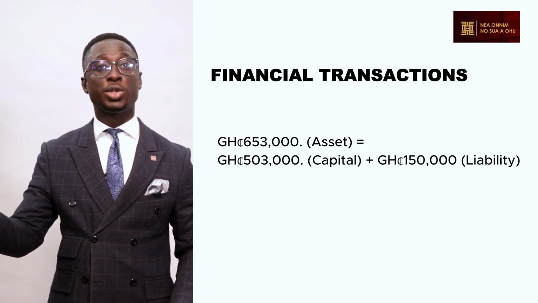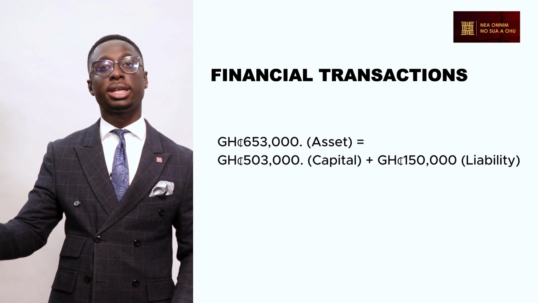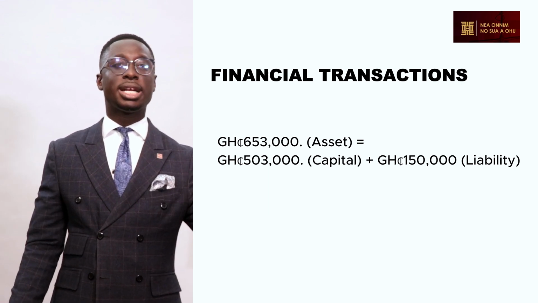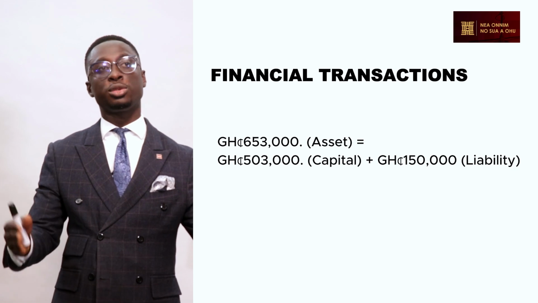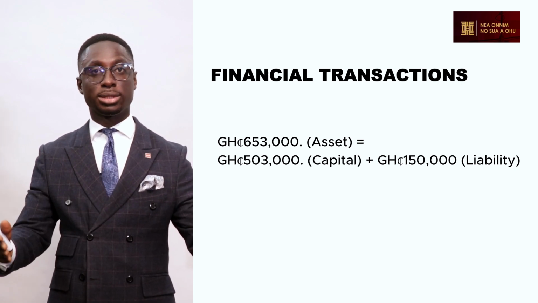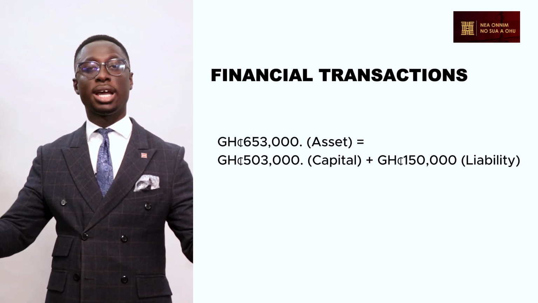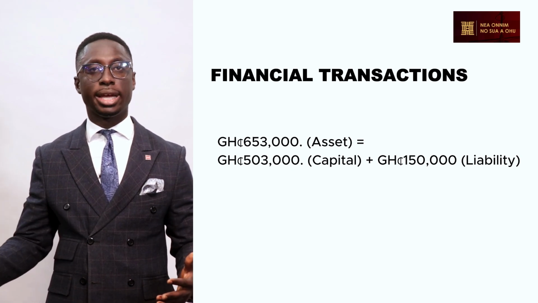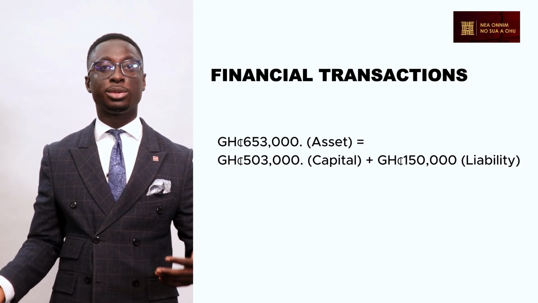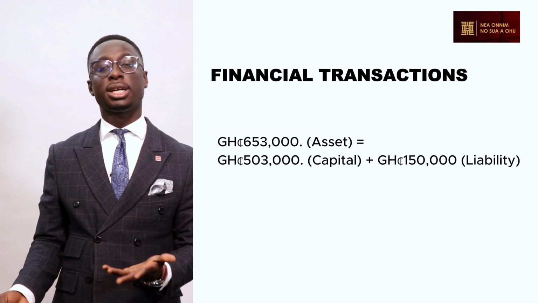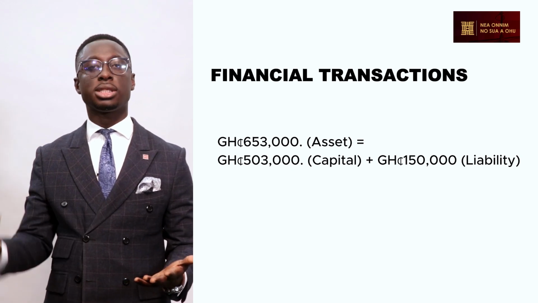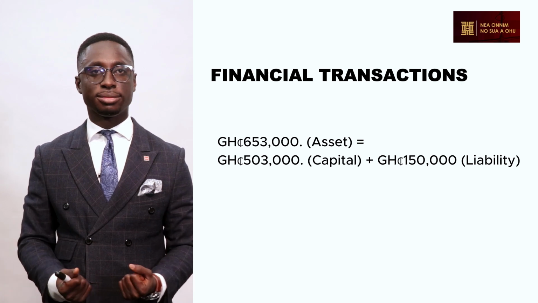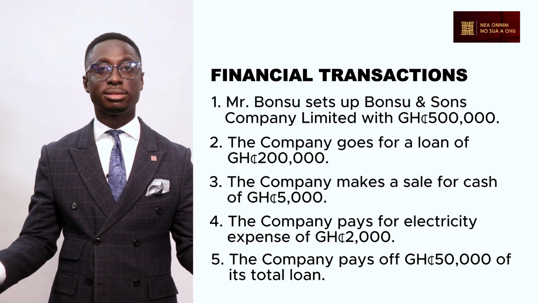So that is now going to be how much? 150,000. So you are going to have 653,000 is equal to 503,000 plus 150,000. When you sum the right side, you are going to have 653,000 is equal to 653,000. Good. So now we are done.